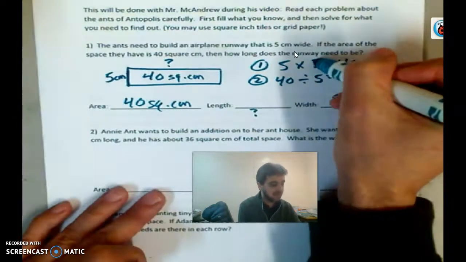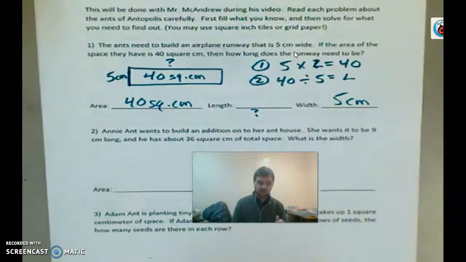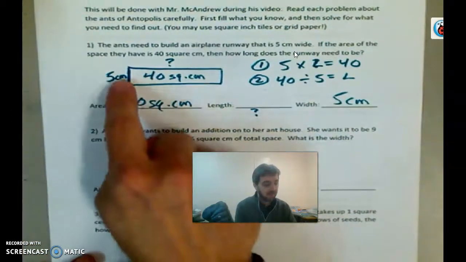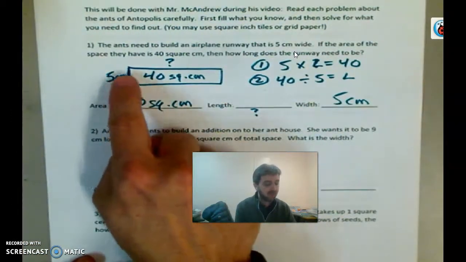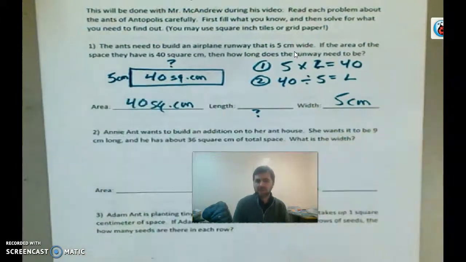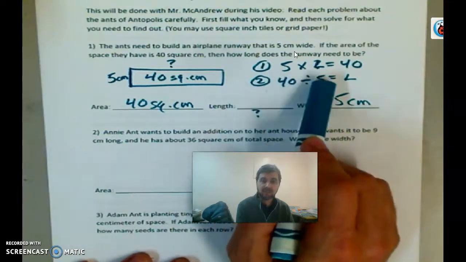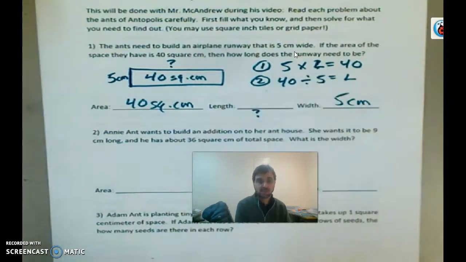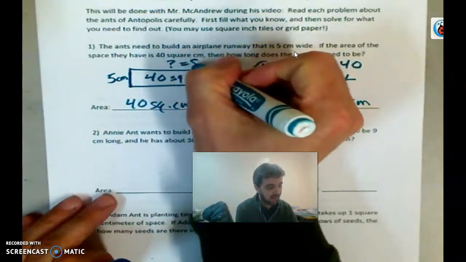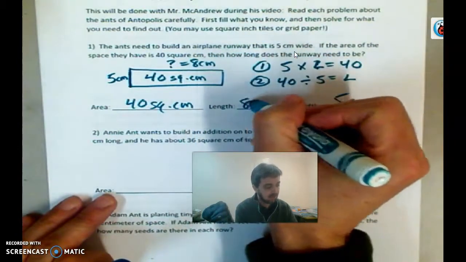That's going to be, this question mark is going to be the length. So let's think about this. 5 rows of what would get me to 40? You can think of it that way. So I'm thinking, I think 5 times 8 is 40, and I know that I have 40, and if I divide it into 5 equal groups, I get 8. So the length must be 8 centimeters.